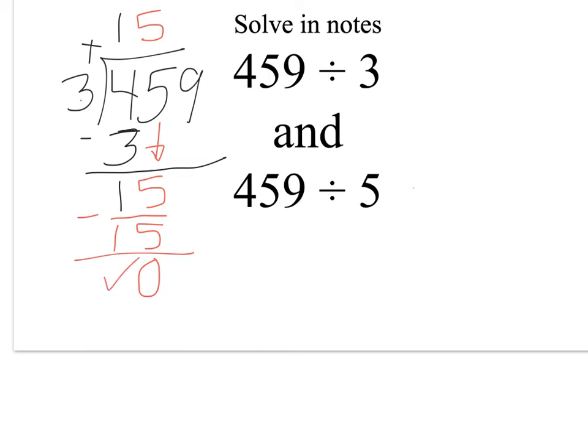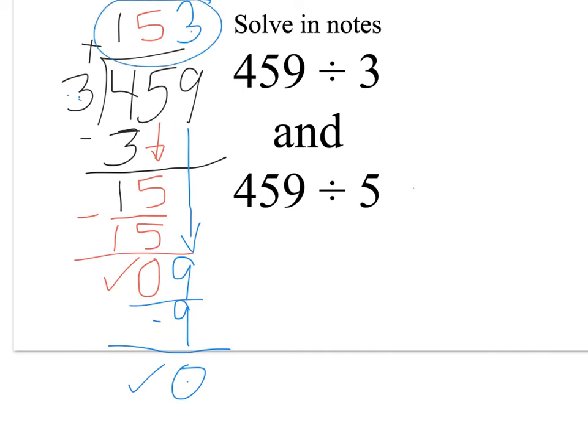Next is to bring down the 9 ones that I have not divided out. So I have 9 ones divided into 3 groups. Well, 9 divided by 3 is 3. I then multiply. 3 times 3 is 9. Then I subtract. 9 minus 9 is 0. I check to make sure that this number is smaller than my divisor. It is. I have nothing left to bring down, so my answer would be 153.